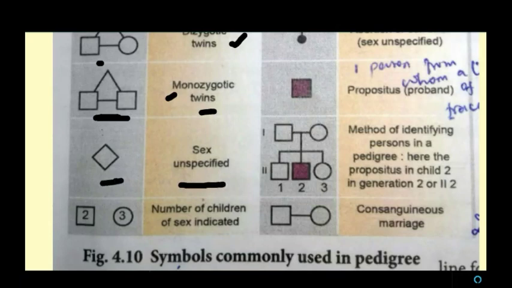Without saying the sex, they have given just a person. If the number 2 or 3 is given, it means the number of children of sex indicated. If inside the square box it is given 2, then it is 2 male children. If it is given 3, then it is 3 female children.